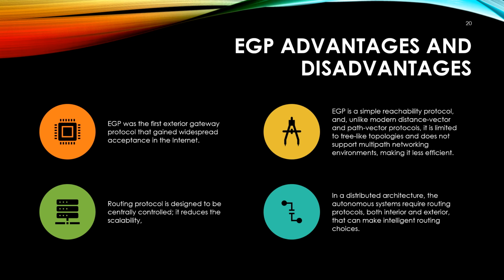The routing table is stable with minimal changes to the protocol. It does not react to issues with autonomous systems. It's a simple reachability protocol. And unlike modern distance vector and path vector protocols, it's limited to tree-like topologies and does not support multipath network environments, making it less efficient.